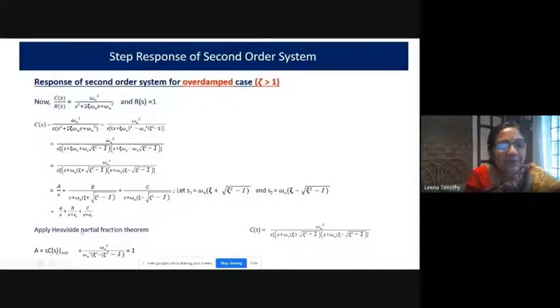One method is, A is equal to, apply Heaviside partial fraction theorem. S is equal to 0. So in this expression, this same expression C of S, put S is equal to 0.